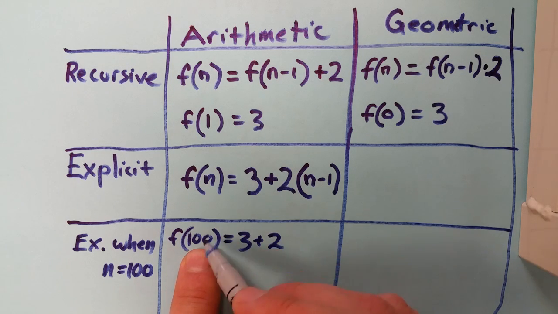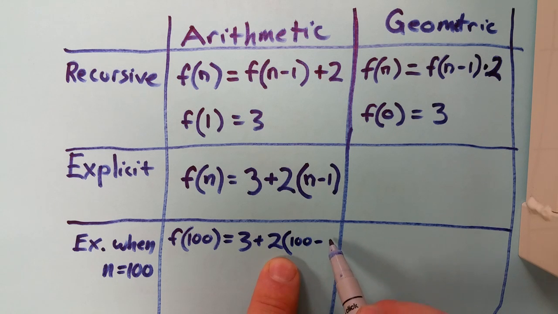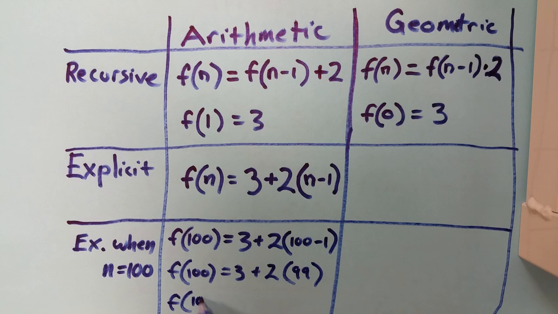Oh, we replaced the n with 100. That means we replaced this n with 100. F of 100 equals 3 plus... Order of operations, what do I do first? Inside the parentheses. Okay, order of operations, what do I do next? Multiplication. So 2 times 99 is 198.